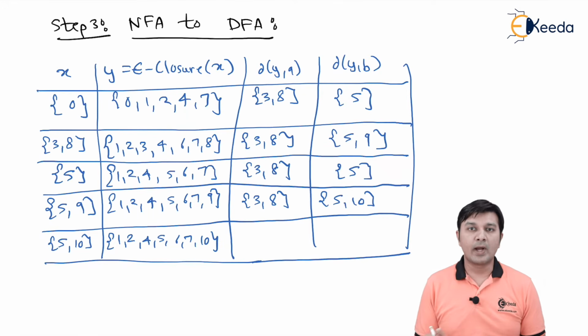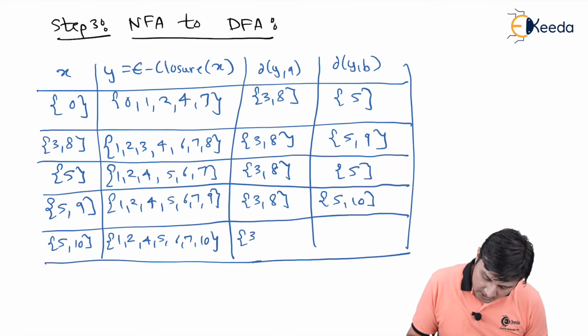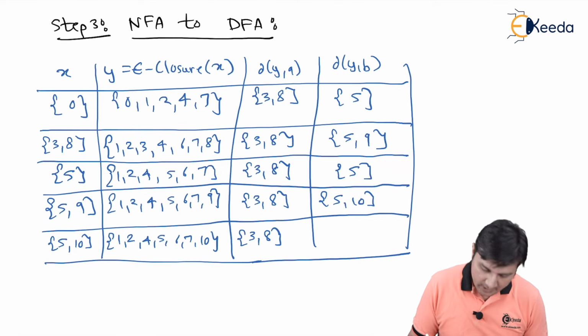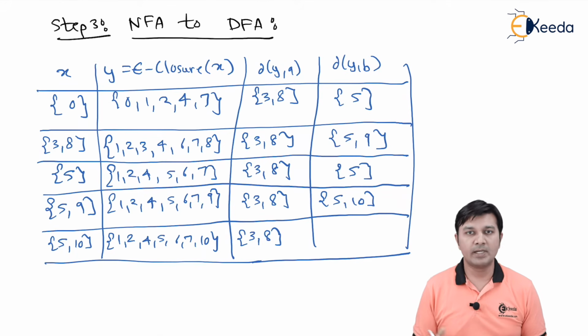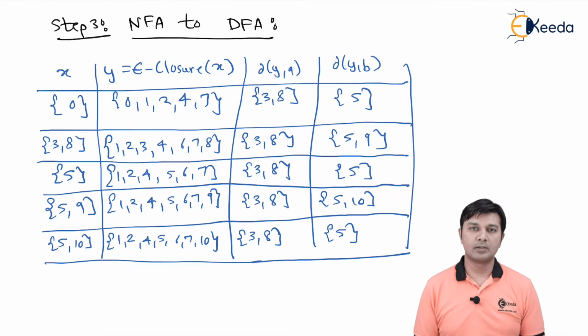If you look for Y on A and Y on B, Y on A here is going to give me 3 comma 8. You can of course confirm in the diagram, it has to come 3 comma 8. And on B, I am getting simply a 5 over here.